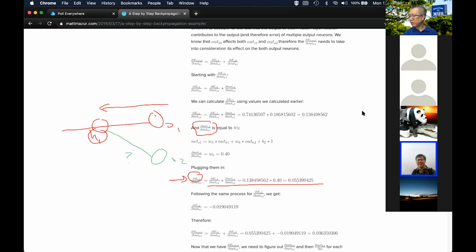If I compute all of those same process, it's just another different delta that I have here, not the same one that I had before, and then multiply it times whichever weight this one is. So this is probably W7 or something like that, I forget. Then I will get a similar value for how E2, which is the error on this one, is changing with respect to H1, this guy over here.